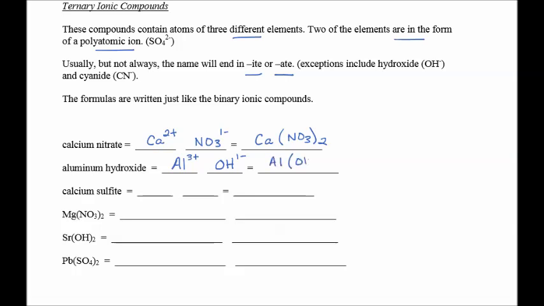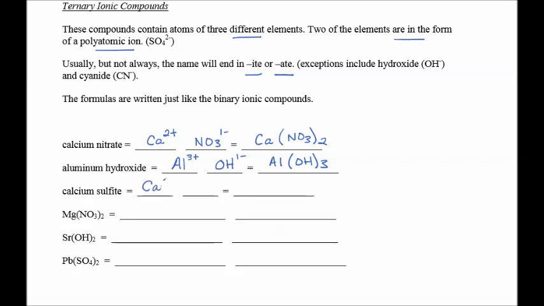So in parentheses, and then a tripling of the hydroxide ion. If you do just this, you are wrong, because all you're doing is tripling the hydrogen. That's why we need the parentheses, to show that the O and the H are tripled together.